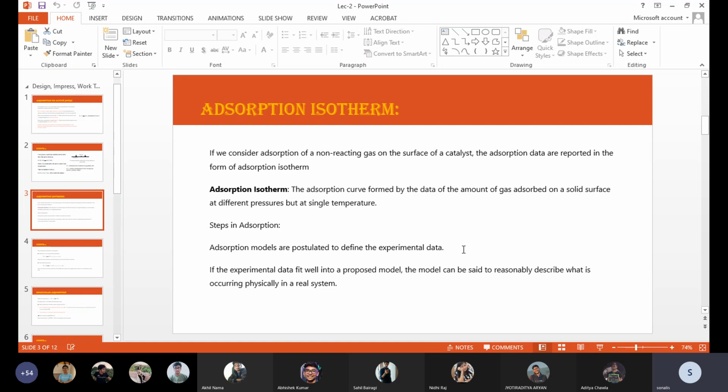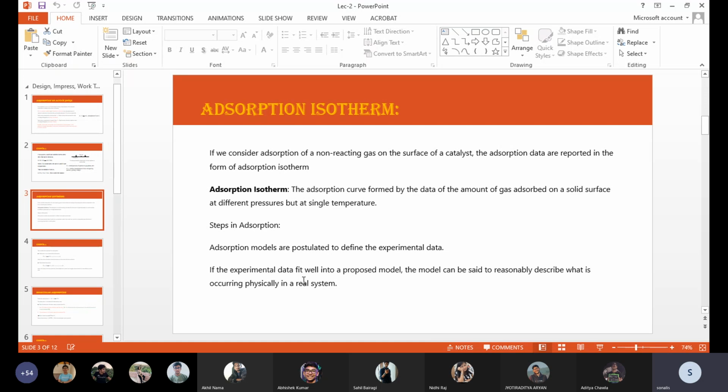If the model equation is not fitting the experimental data, then we have to go for another equation. This way we do trial and error, but it is generalized that some equations fit most gases well, and these model equations are highly populated.